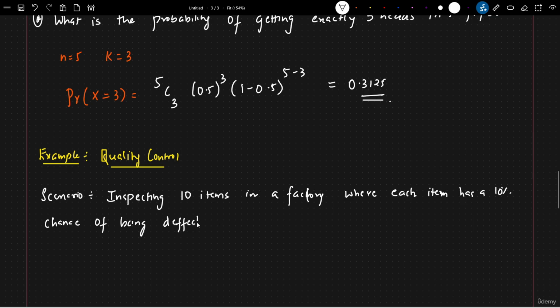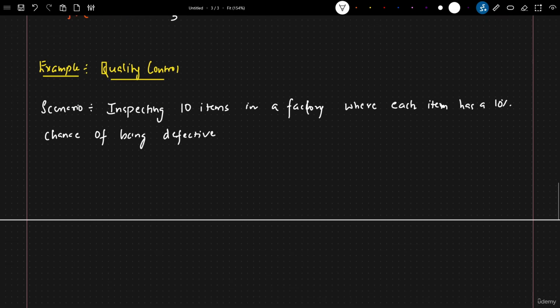So what is the chance of being defective? It is 10%. Let me go ahead and write it like this: defective. Okay. Now in this scenario, what kind of questions may come?